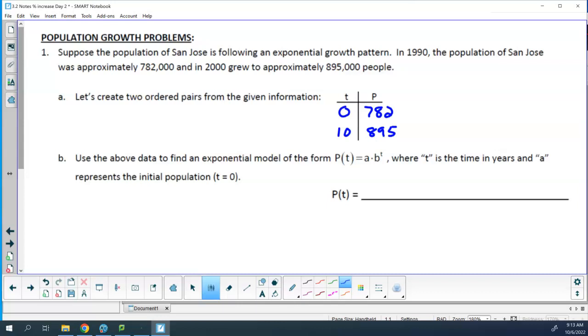Okay. So using that data, now we need to find an exponential model in the form P of t equals A times B to the t, where t is the time in years, and A represents the initial population when t equals 0. So, do we know what A is?